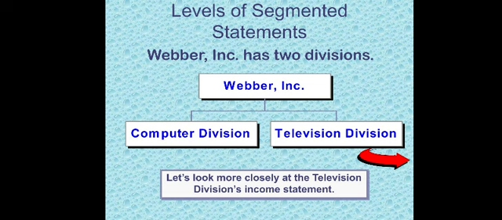One product is computer and another one is television. So one company has two products, so we can say that this company has two segments. Let's look more closely at the television division income statement. Okay, there are two, so we focus on television division only.